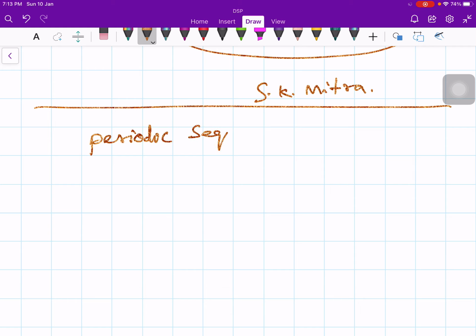Periodic sequence, or sometimes called periodic digital signals. Okay, a signal x of n, a digital signal.